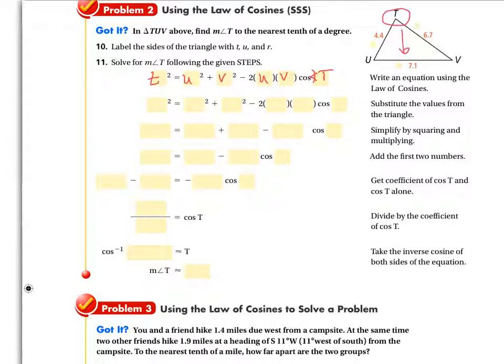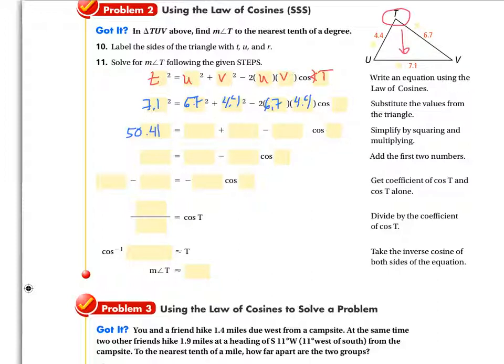So we're going to plug in what we know. What's across from angle T? So 7.1 is going to be squared. And then what's across from angle U? 6.7. And then what's across from angle V? 4.4. And then I've got 6.7 here and 4.4 here. And so when we square 7.1, we get 50.41.